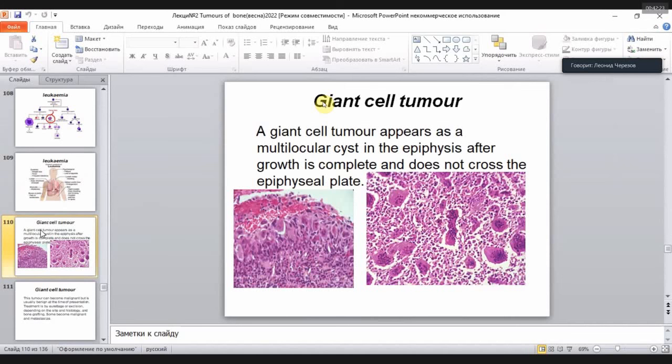Giant cell tumor. The giant cell tumor appears as a multilocular cyst in the epiphysis after growth is complete and doesn't cross the epiphyseal plate.